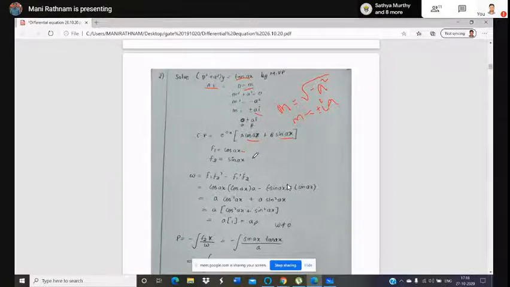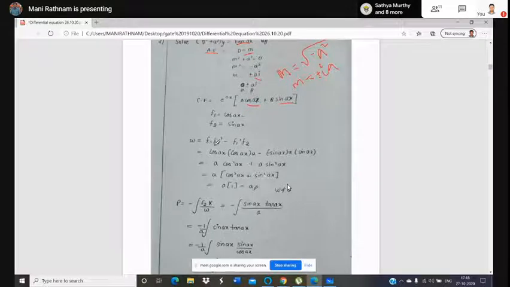Now find the Wronskian w equals f1 f2 dash minus f1 dash f2. f1 is cos ax. The differentiation of sin ax is a cos ax: first differentiate the entire function, and then differentiate the inside algebraic function with respect to x. And f1 dash, the differentiation of cos ax, is minus a sin ax.